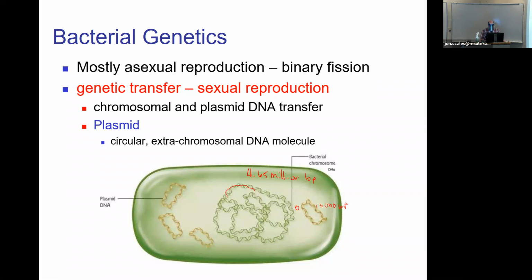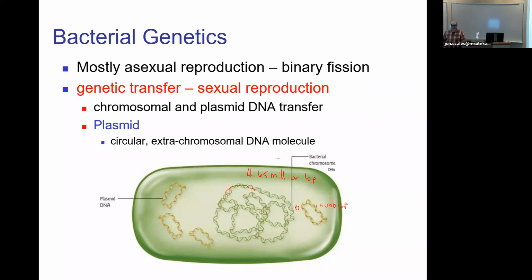Because the plasmids are not equally segregated during cell division, some cells might end up with no plasmid. What happens to that cell if the plasmid is necessary for something? It dies, and then there's no more of that cell.